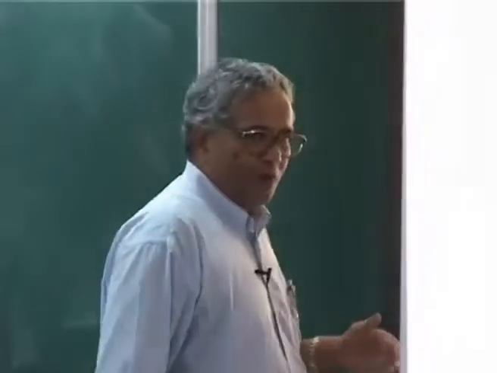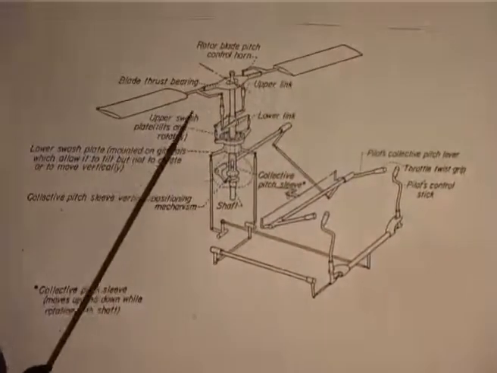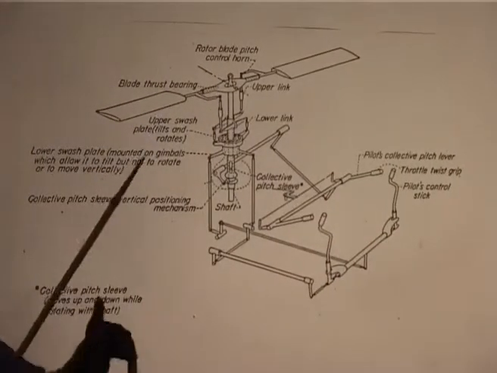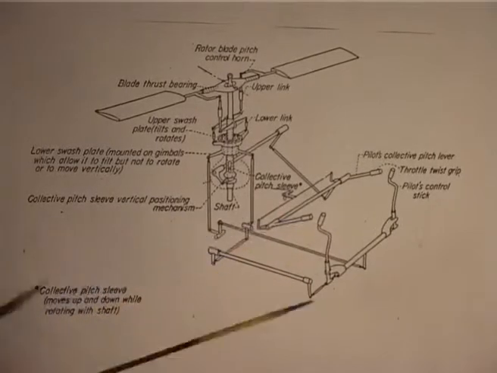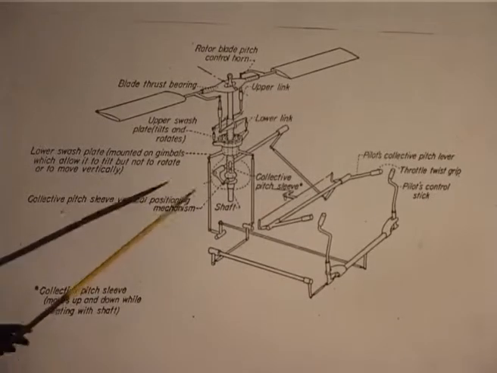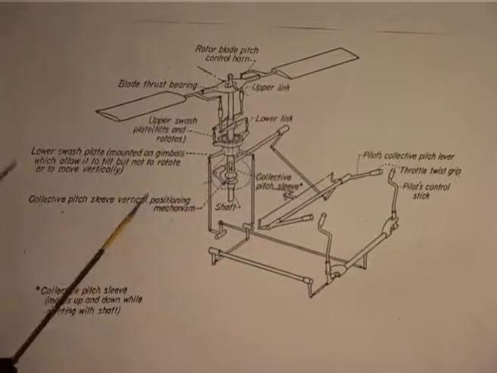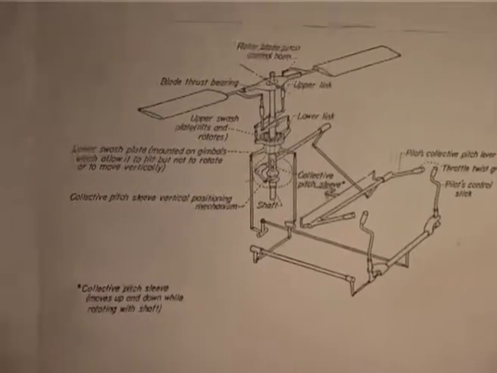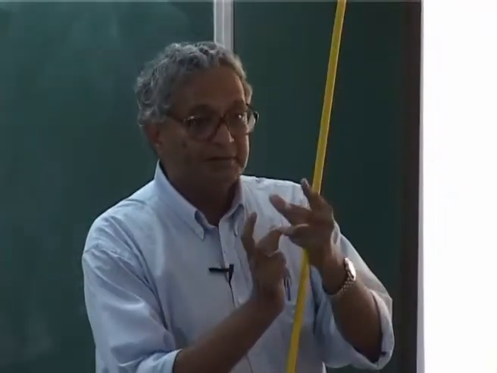Now, because we have several blades on the rotor, from 2 and more, we will come to the rotor system later. When the pilot pulls up, this is the swash plate mechanism. It has 2 components. One is non-rotating, another is rotating, with some bearings in between.